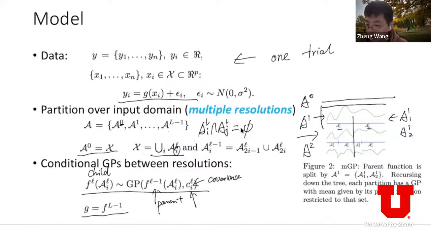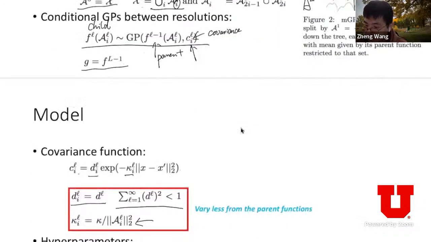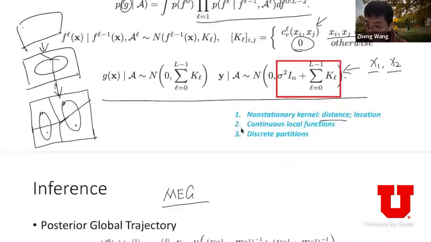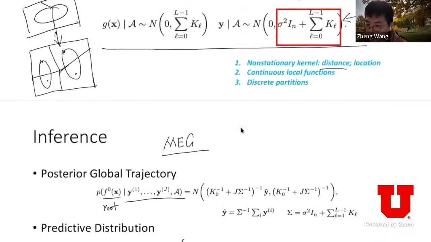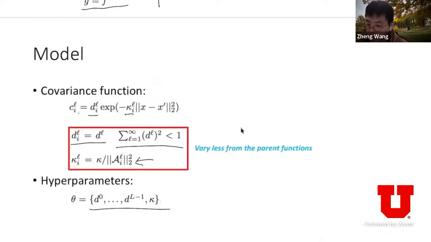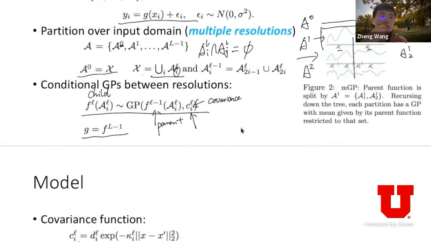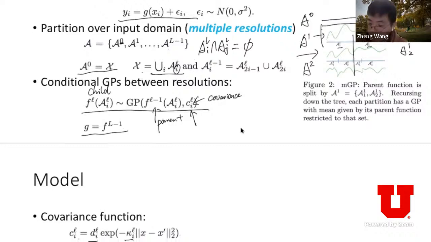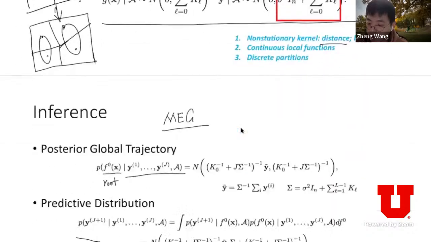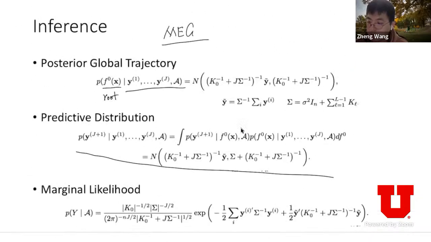F0 is not a Gaussian process here. It's just some function. But the conjugacy gives the form of a normal distribution. It gives the form of F0, and it's also a normal distribution here.